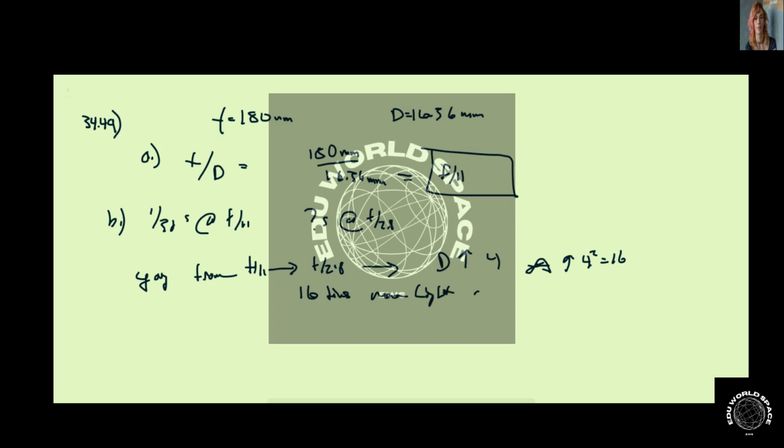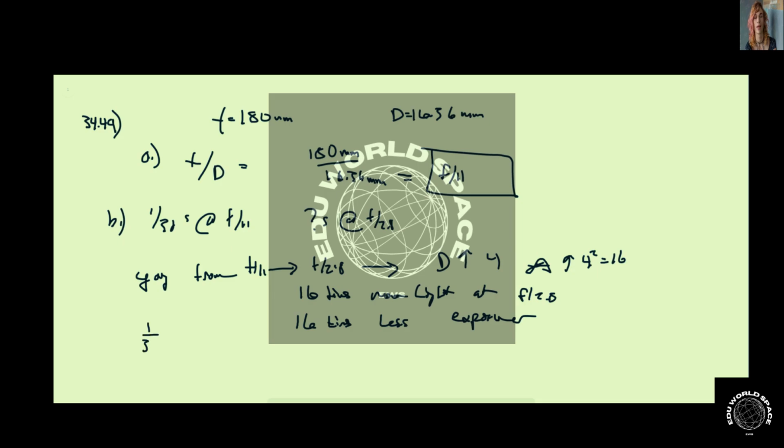So 16 times more light at f2.8. So we want the light to remain the same over the whole exposure. So if we have 16 times more light, then we need 16 times less exposure.